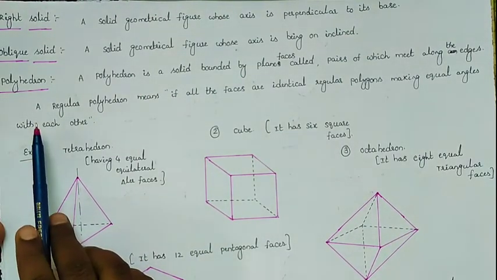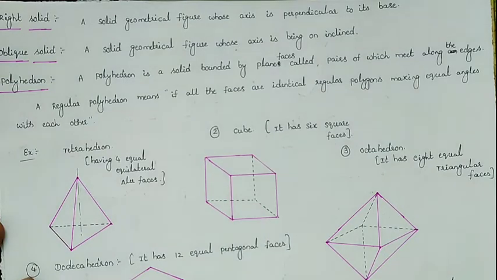What do we mean by a polyhedron? Here I'm showing different types of polyhedrons. Polyhedron means a solid. Suppose you take this one, the tetrahedron.